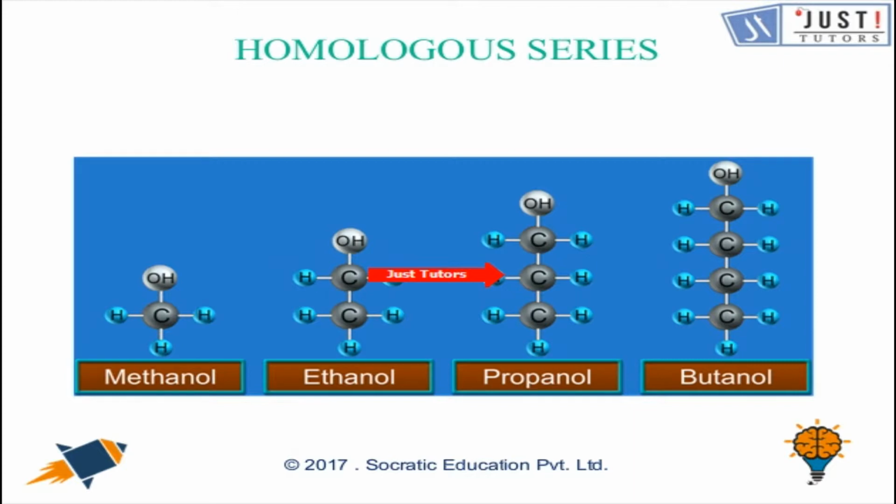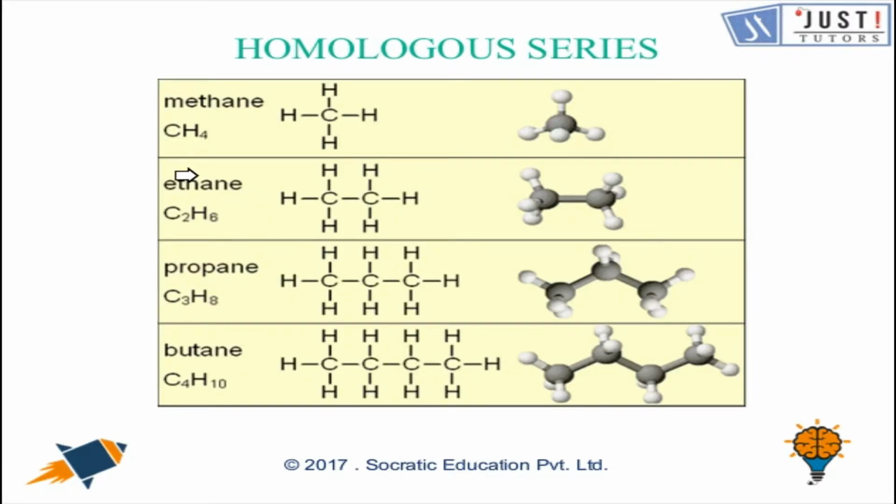When we have a functional group, we can say the same functional group substitutes for the hydrogen in the carbon chain. And if we don't have a functional group, in that case as well, we can get the series just by adding CH2.